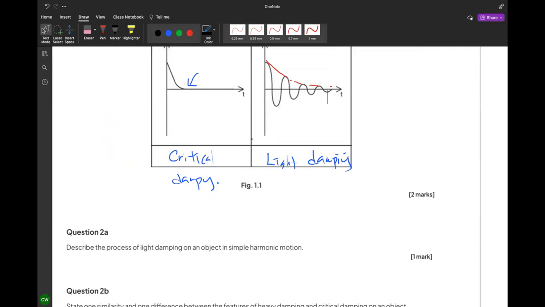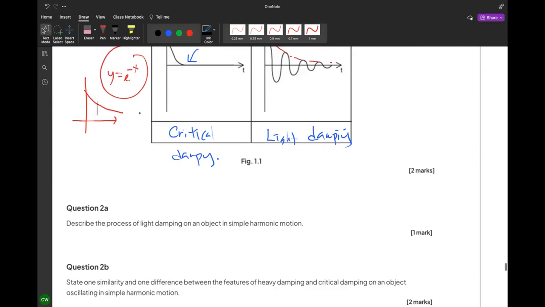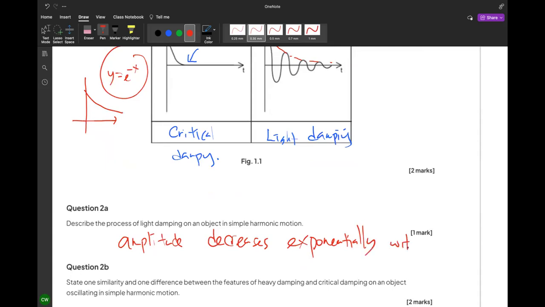There's another word. One more word for this. Yeah, exponentially. Okay, you follow this graph, e negative S graph, exponentially. Amplitude decreases exponentially with time.